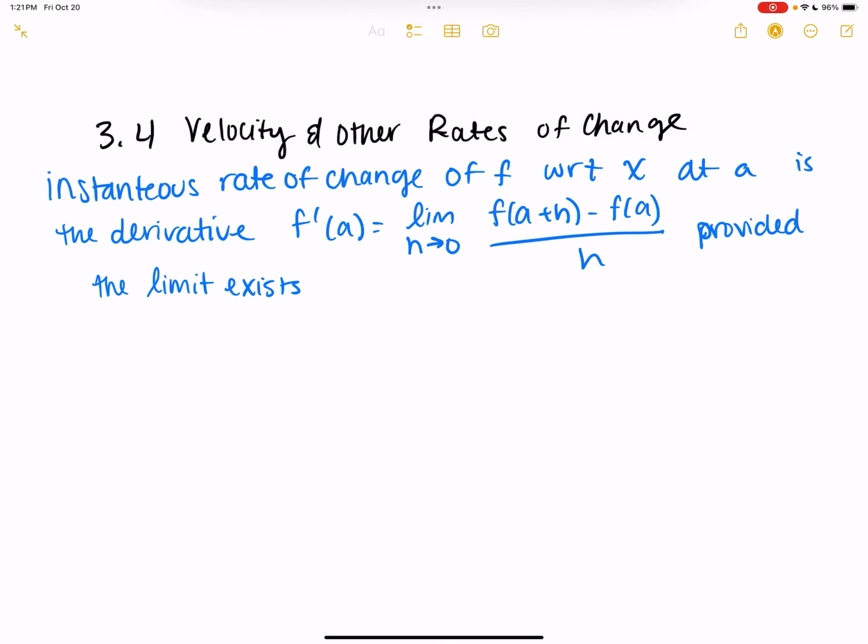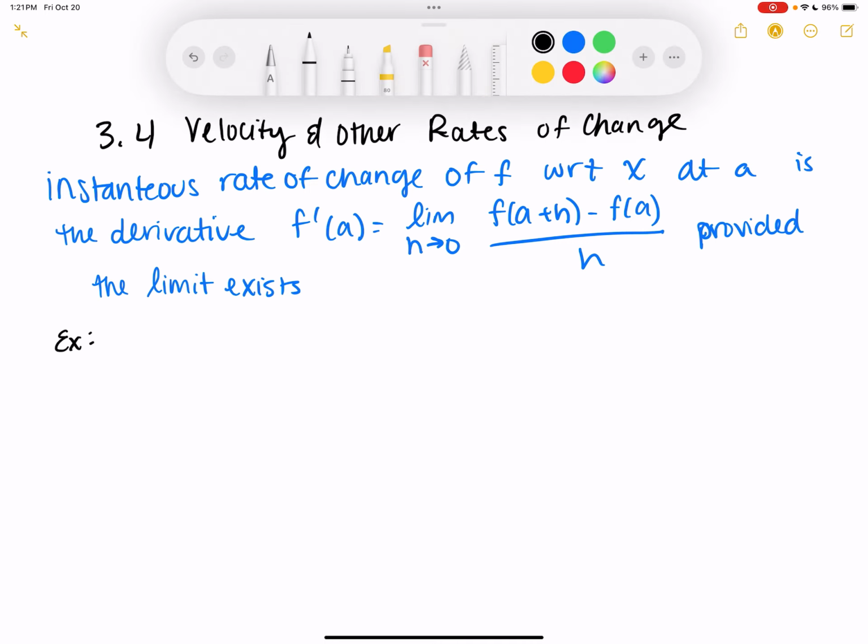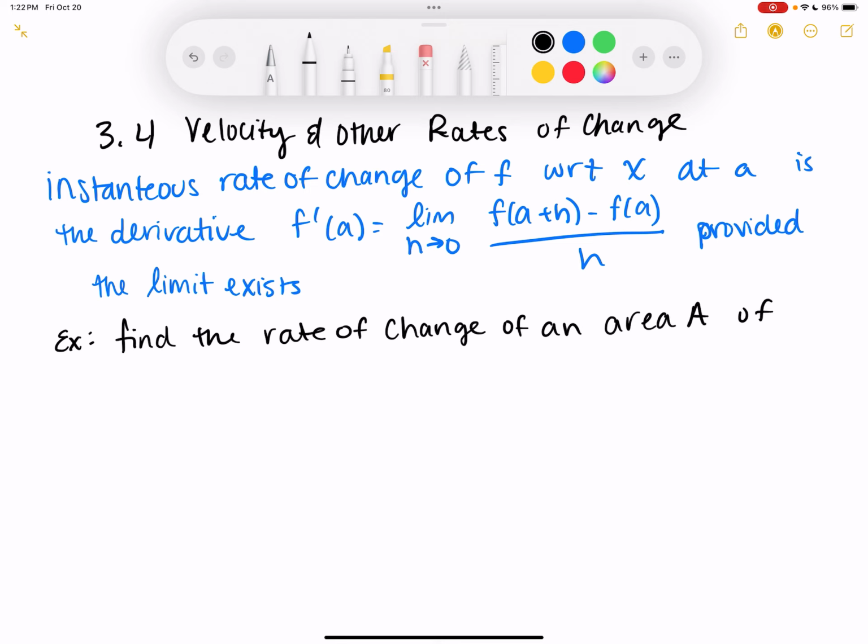So, for example, find the rate of change of an area A of a circle with respect to radius r.